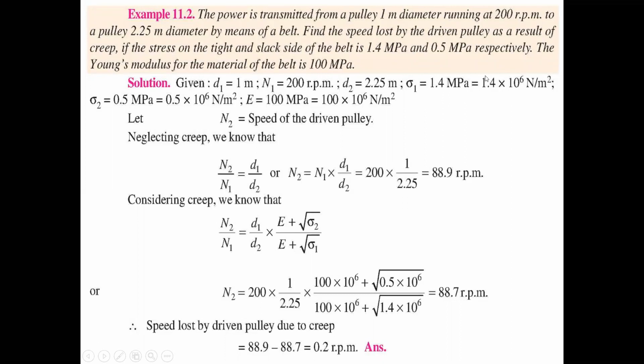Converted into Newton per meter square, that is 1.4 into 10 power 6 Newton per meter square and 0.5 into 10 power 6 Newton per meter square. E, the Young's modulus of the belt material, is 100 megapascals. Now we are going to find the N2 value, the speed of the driven pulley.